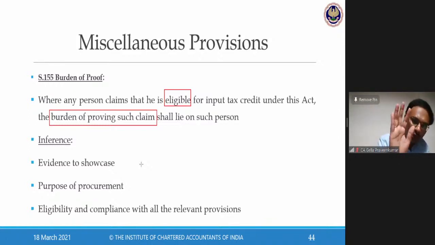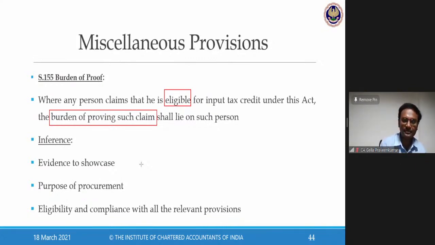I have only a photocopy of a bill. The officer says, Praveen, I don't trust you have availed that service. You don't have an original copy. I will disallow the input tax credit. You, as a registered person, have to prove that this bill has been received. So you have to provide an original copy when there is a demand.